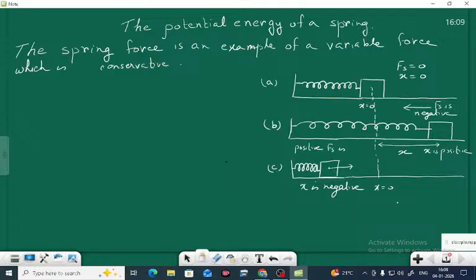These are the three configurations we get here, and this is the displacement of x in the negative direction. Now this explains all three positions.